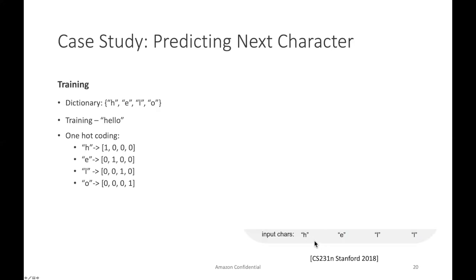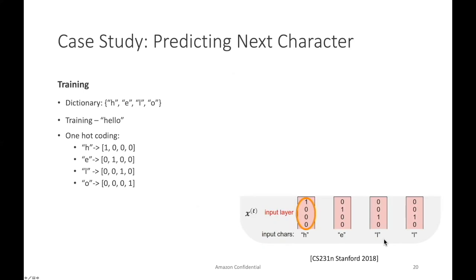These letters are represented as one-hot encoded. The reason for one-hot encoding is that we cannot feed anything other than numbers to the neural network. It is essentially doing matrix multiplications, and as such, feeding letters is not possible. So we have one-hot encoded them.